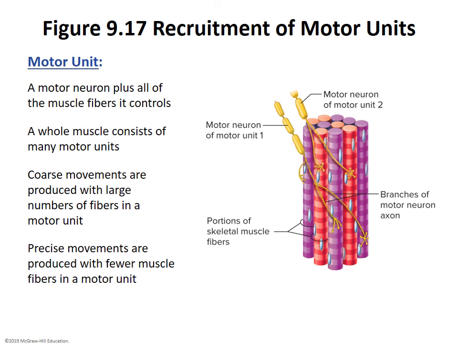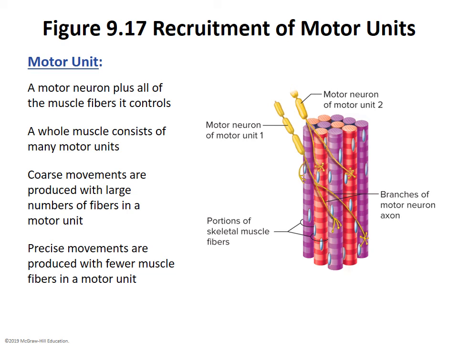Now, our body can use what's called motor units in order to control how much force in each given muscle is used to do something. So our muscles are divided up into segments called motor units. All a motor unit is, is one motor neuron and all of the muscle fibers it stimulates.